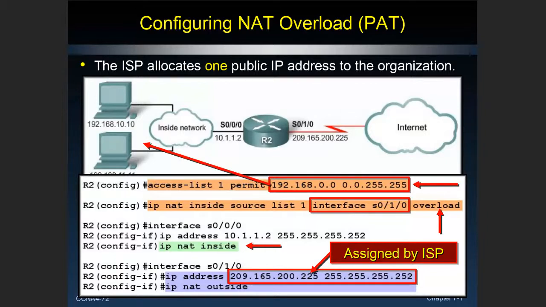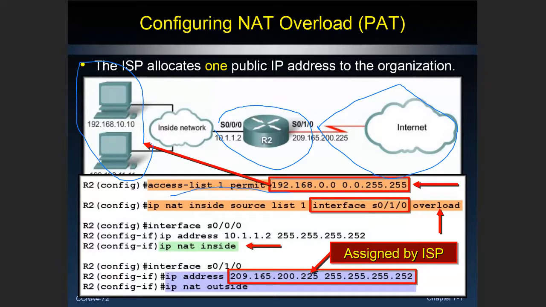So here's an example. Inside network, your home router maybe, your ISP like a cable company. Access list 1 is going to permit, at home you're probably 192.168 something. This access list will permit anybody who's 192.168 anything to be allowed. In the statement IP NAT inside source list 1, that access list is just made up.